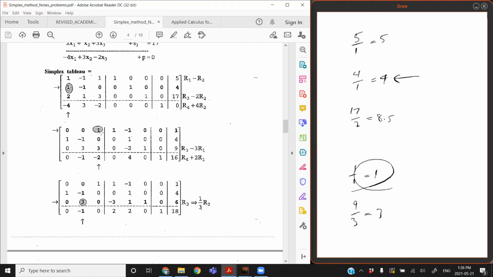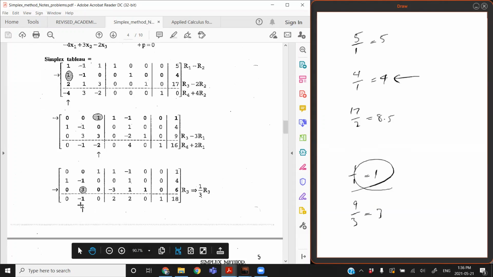I just divide this row by the right number to get a 1 here. I need to introduce zeros here and here. So I will have to do row 3 minus 3 row 1 and row 4 plus 2 row 1 to introduce zeros. And I'm not done yet after doing that because I still have a negative number here.